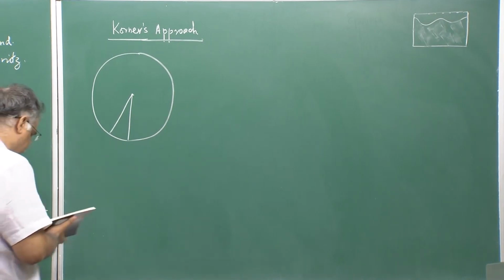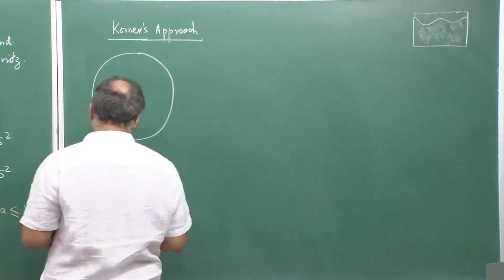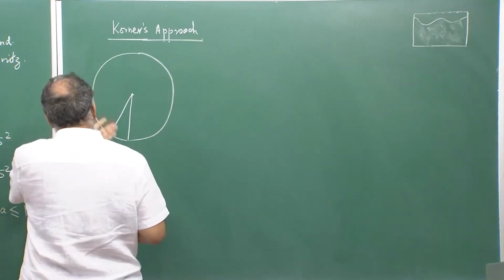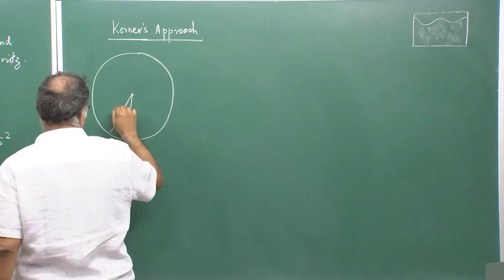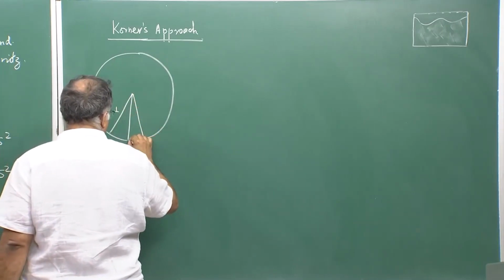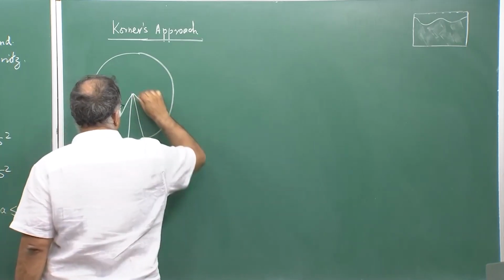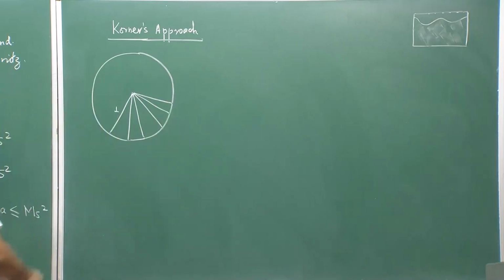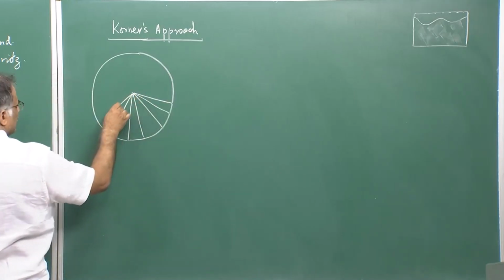It doesn't matter, even radius 1 doesn't matter. So what do you do? You cut it into slices, basically it's a cake cutting thing. So you cut it off into slices.